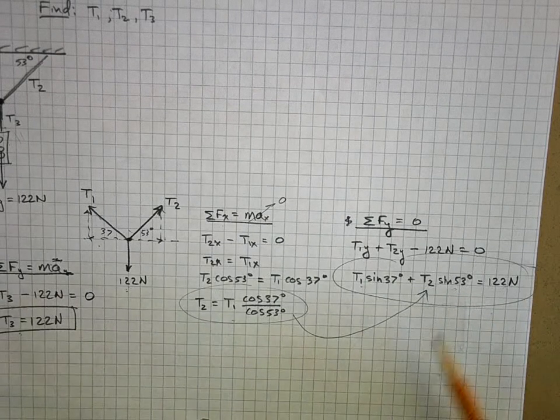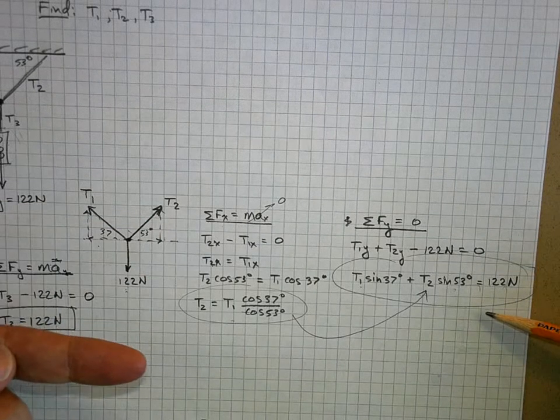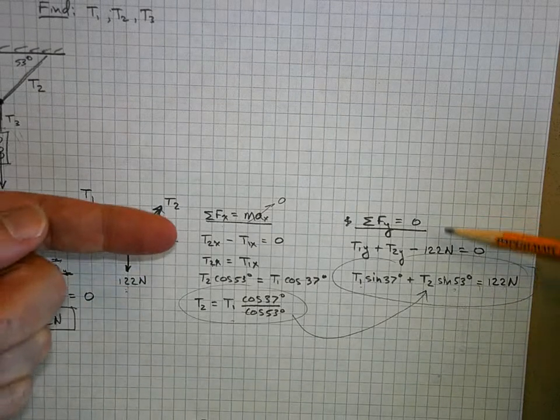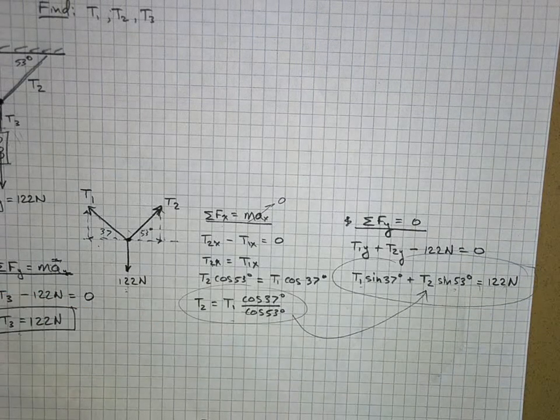So step 5, we've now done step 4. Step 4 is to write the equations in the x and y direction. We can now do step 5, which is just algebra 1. It really rarely gets harder than algebra 1. You just solve for the unknown. Okay?